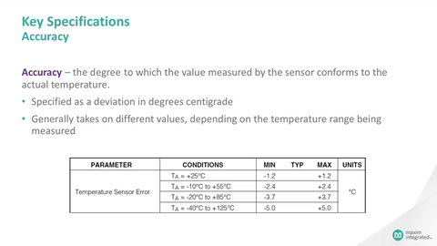Some applications require very good accuracy over a wide temperature range, while others require the best accuracy over a relatively narrow range. In the example shown here, the temperature sensor error specifications are listed for different temperature ranges.